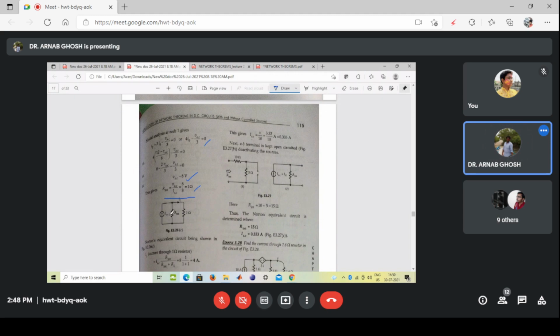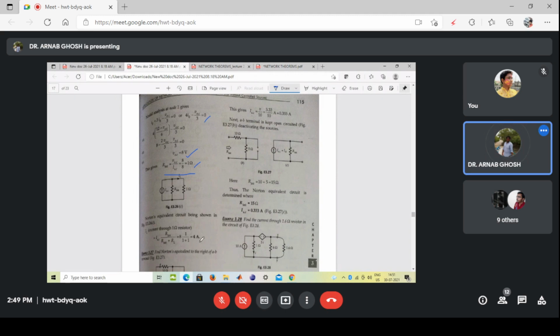Now you connect the load resistance and apply the current divider rule, and you will see the current through the load resistance is 4 ampere. That is ISC times R internal divided by R internal plus RL.